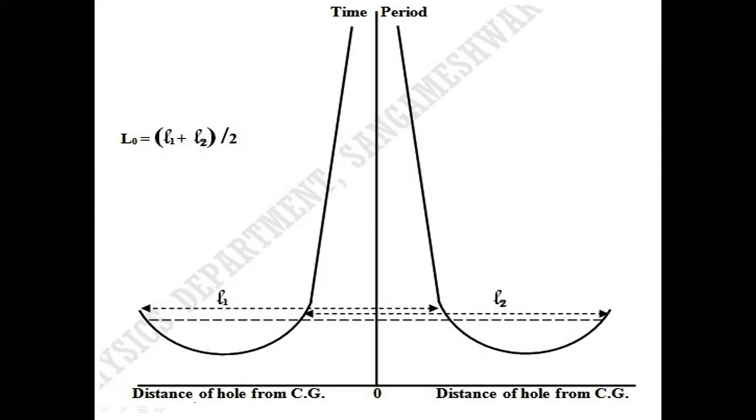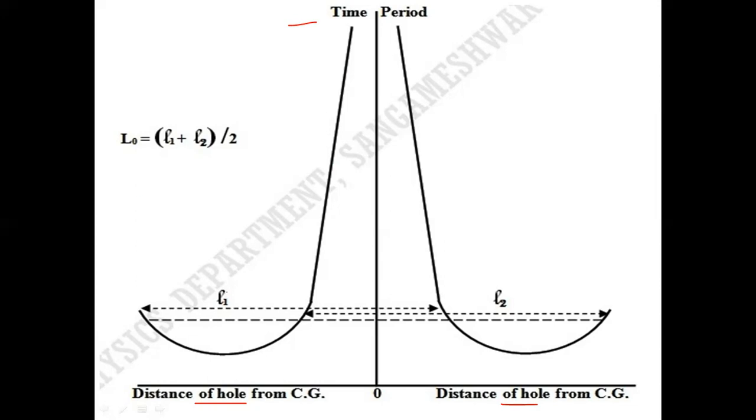On the x-axis plot the distance of the hole from CG, and on the y-axis plot the time period. This is the nature of the graph which is observed when you plot distance of hole from CG versus time period on the y-axis.